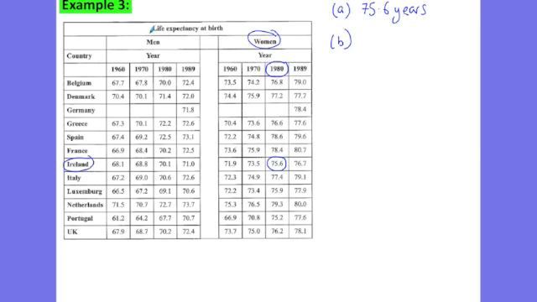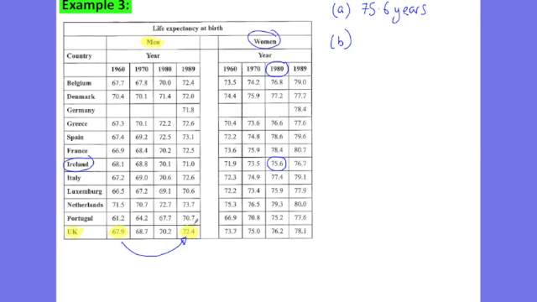So let's focus in now, men in the UK. We're looking at the year 1960 and we're looking how much it's increased to the year 1989. So these are the two figures that we're interested in. So we're looking to see the increase. What's the increase between here and here? What must we add? What's the difference?